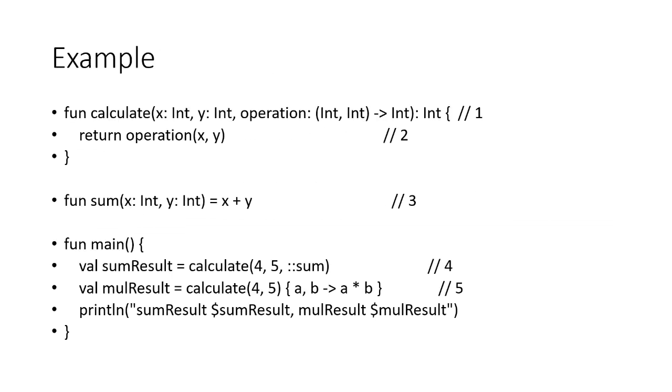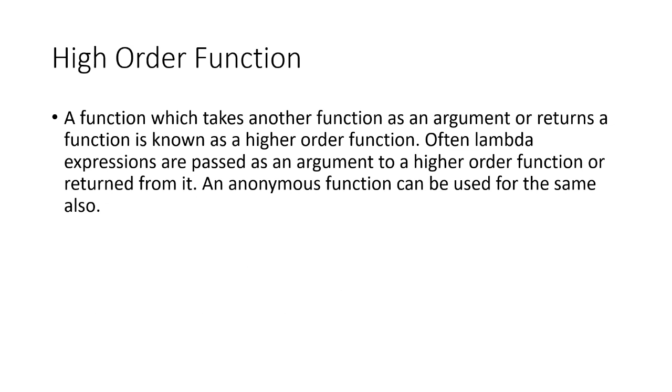Here is a very simple example, but first to understand the simple concept of that. One more definition, as a conclusion: a function which takes another function as an argument or returns a function is known as a higher order function, and often lambda expressions are passed as an argument to higher order functions, and anonymous functions can be used for the same also.